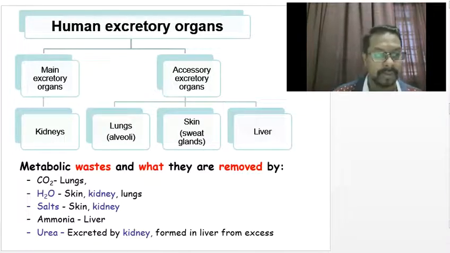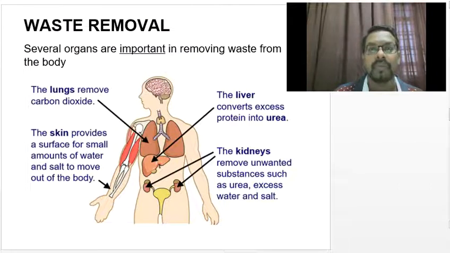Now next, waste removal. Several organs are important in removing waste from the body. Again, lungs remove carbon dioxide; you must know the position. The skin provides a surface for small amounts of water and salt to move out of the body.